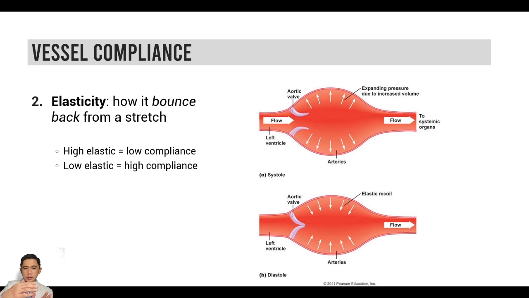The ability to be stretched is compliance, and the ability to bounce back is elasticity. So it's more or less the opposite end of each other. Therefore, highly elastic vessels have a lower compliance, and low elastic vessels have a higher compliance.